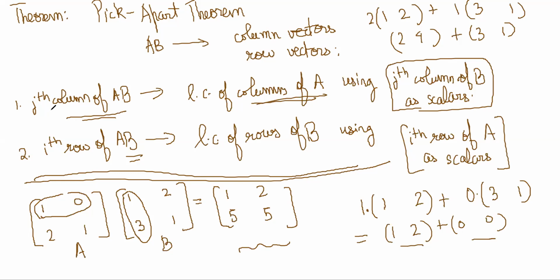If you're looking at column vectors, then you use columns of A as the basis vectors, and scalars are coming from B. And if you are using row vectors, then you use rows of B as the base, and scalars are coming from A. You understand?